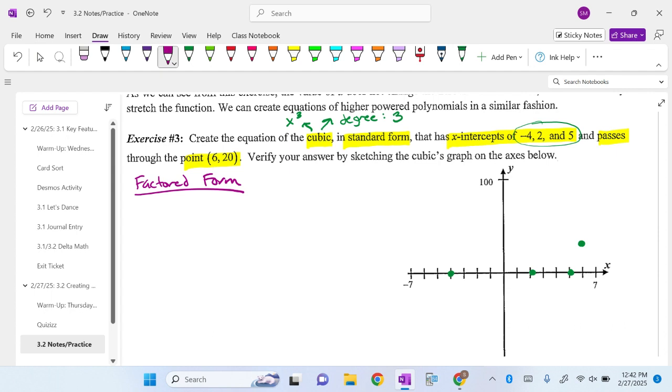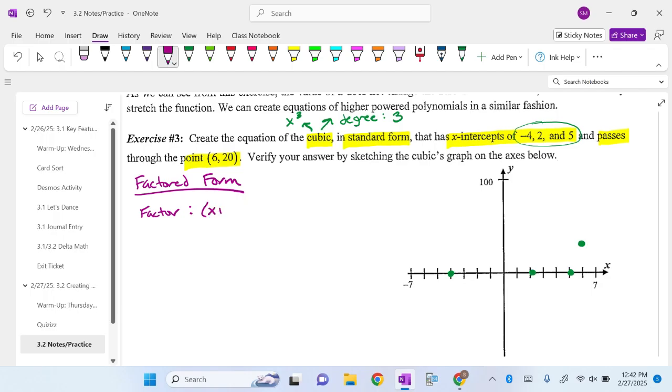That's very important when we talk about exponents. So first off, my factors. What's my factor for when x is equal to -4? If my root is -4, what's my factor? Let's go with Jasmine. What's my factor for x equals -4?